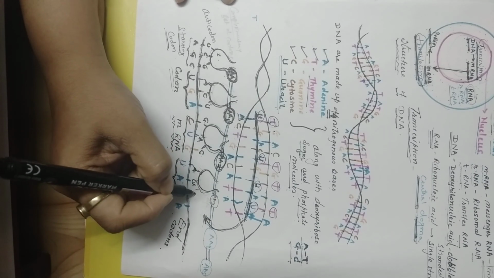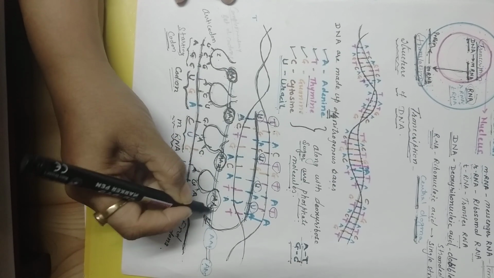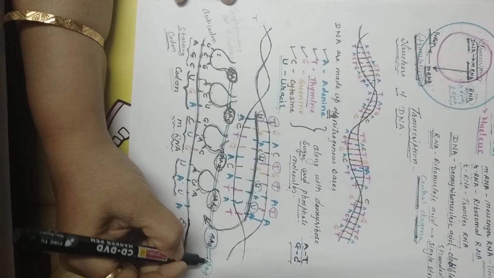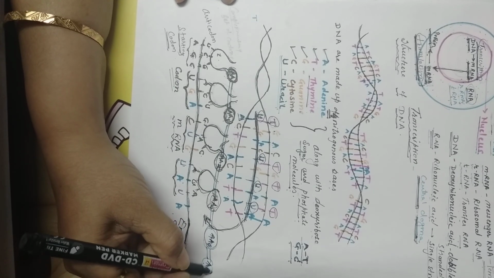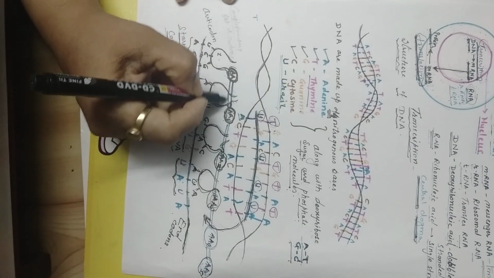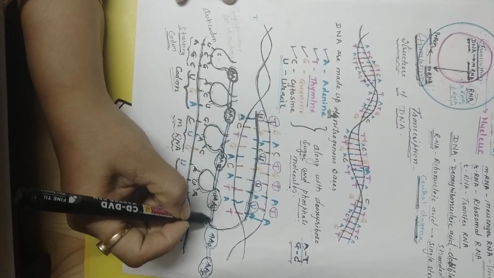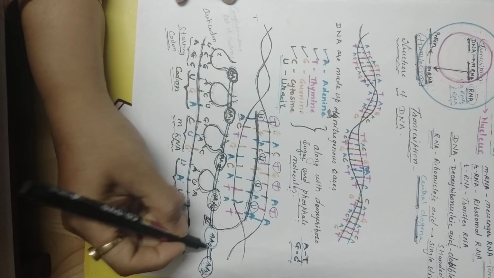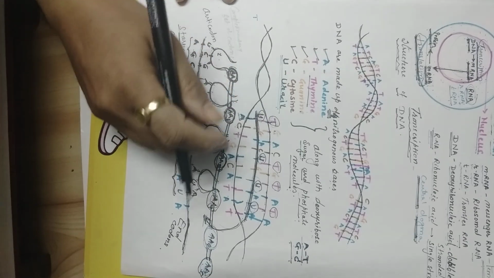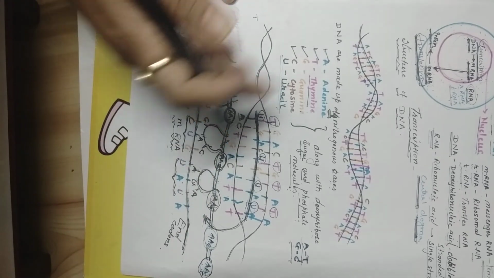Similarly, every transfer RNA will bring such type of amino acids, and those amino acids will join with each other to form a chain, and this chain of amino acids is called protein. So as and when they leave these amino acids here, these transfer RNA leave their place and move forward. So only this chain will form here, and this is the protein.